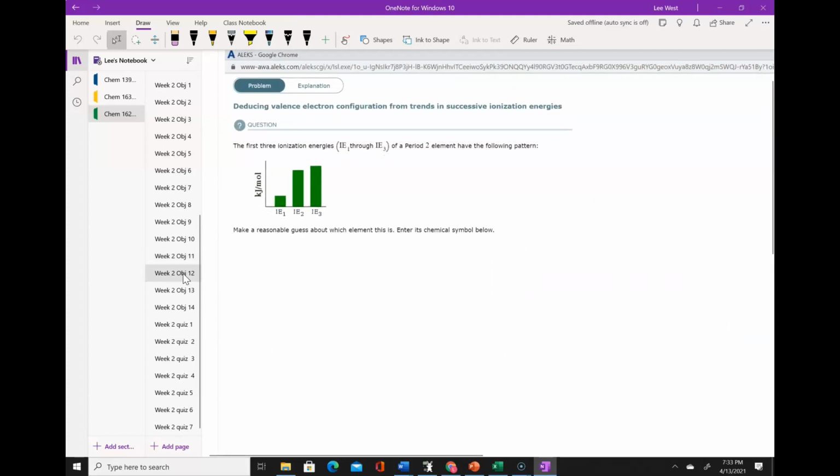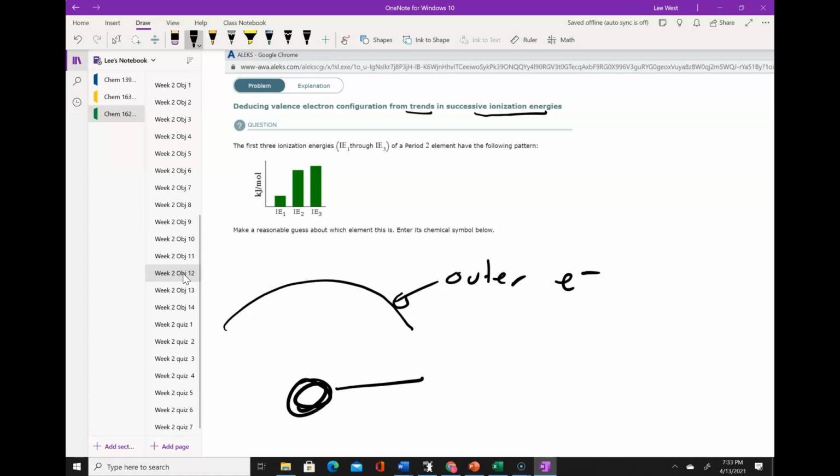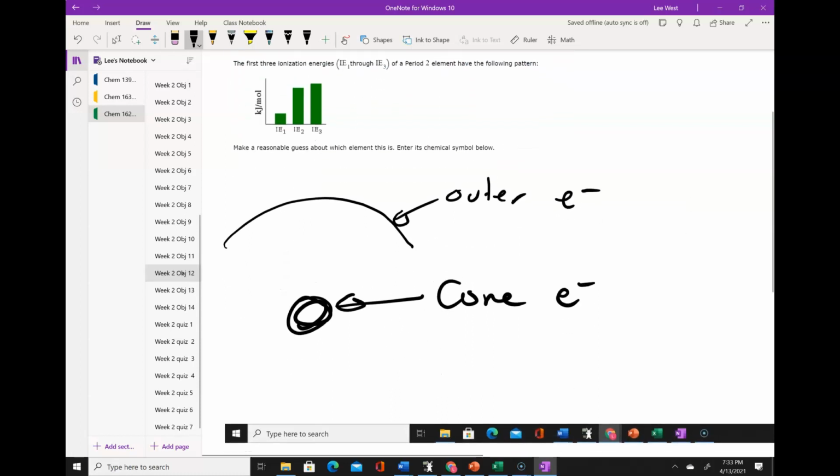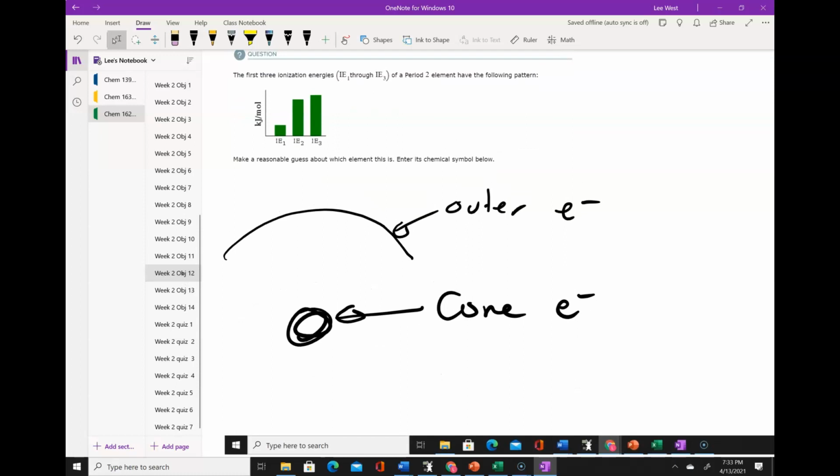Periodic properties. Deducing valence electron configuration from trends in successive ionization energies. So what do we know? You've got your outer electrons, and then you've got core electrons. When you remove electrons, it gets harder and harder to remove an electron after every electron. You remove the first electron, it's not too bad.